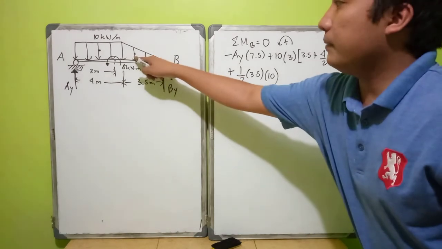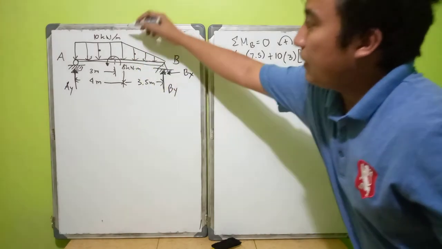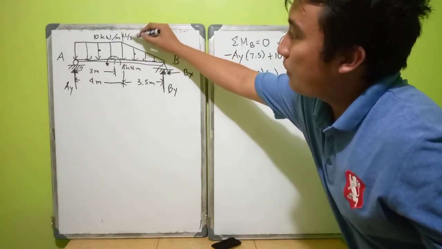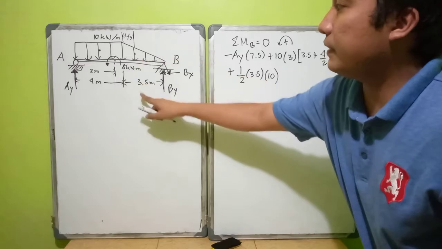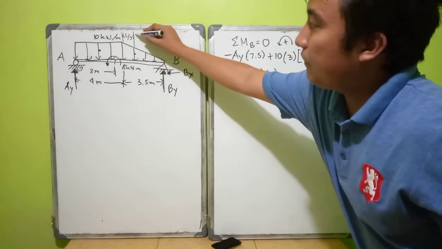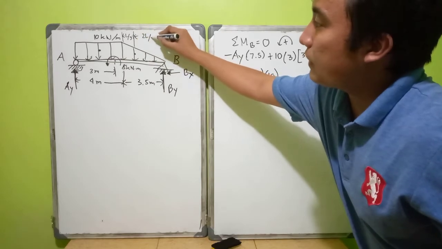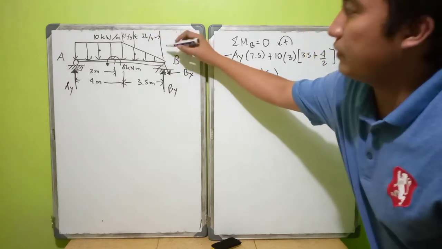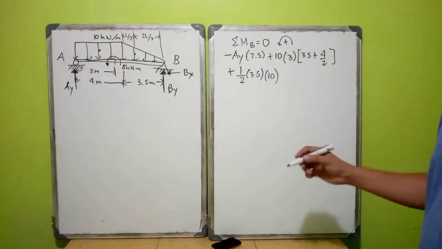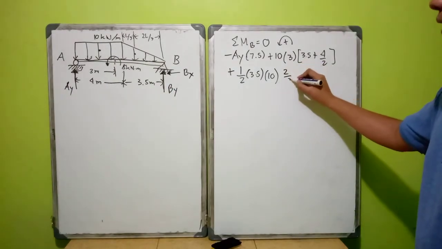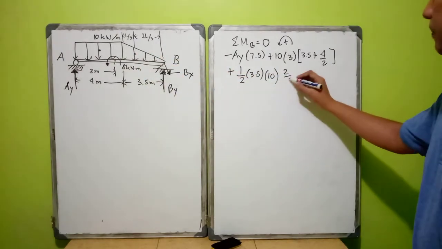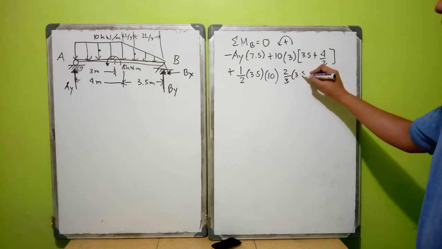The centroid of your triangle is located L over 3 from the left, so it will be 2L over 3 in this portion. Your L here is 3.5, so its centroid is 2/3 of 3.5.